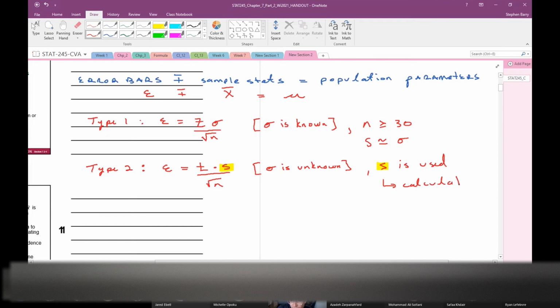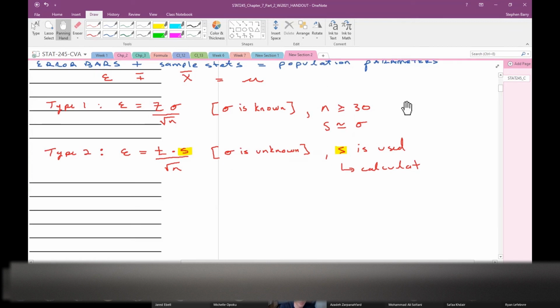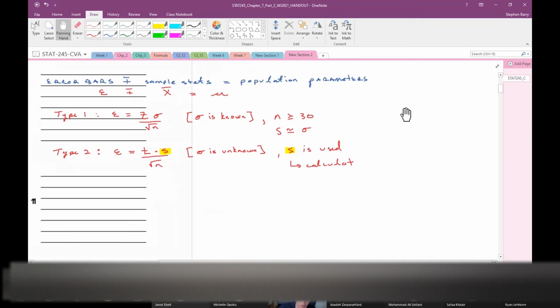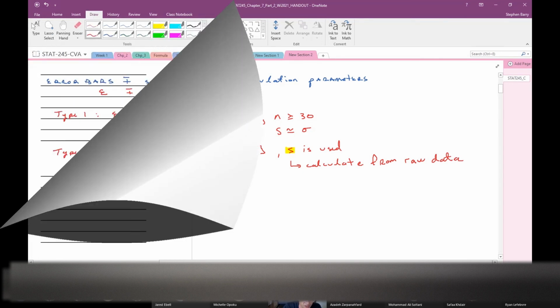This is what we're going to be using in our 4th lab when we actually do an experiment, or you'll be using this in your capstone project, right? When you're actually conducting an experiment, you calculate this from your raw data. And this is the more practical one. Again, this is the one that is going to be used most often in real world scenarios.